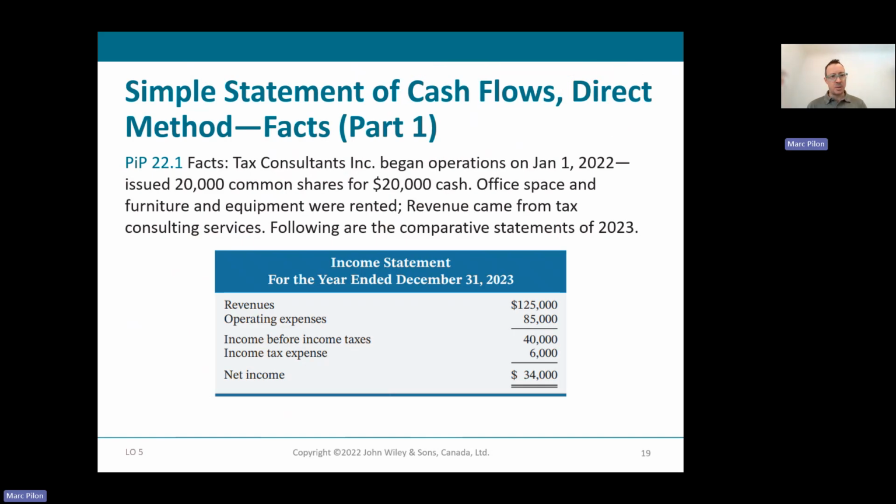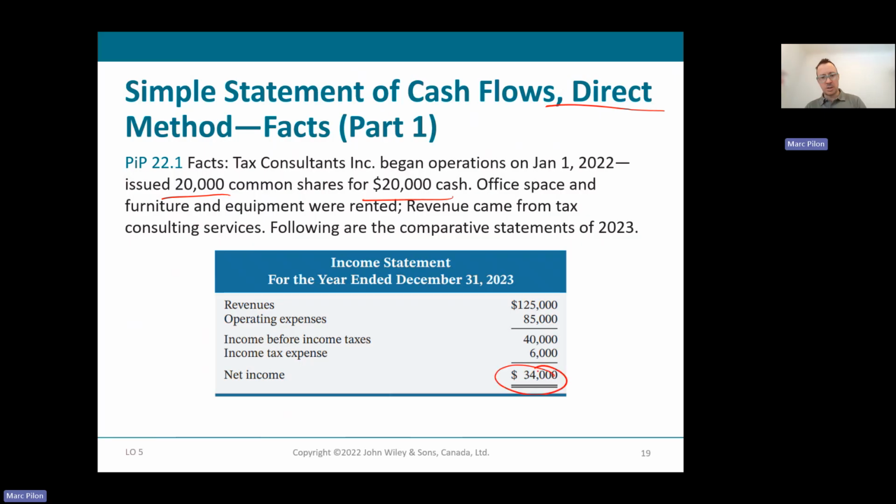So let's look at an example using the direct method. We have Tax Consultants, which began operations in 2022 and issued 20,000 common shares for $20,000. Office space and furniture were rented. Revenue came from tax consulting services. And we have comparative statements for 2023.